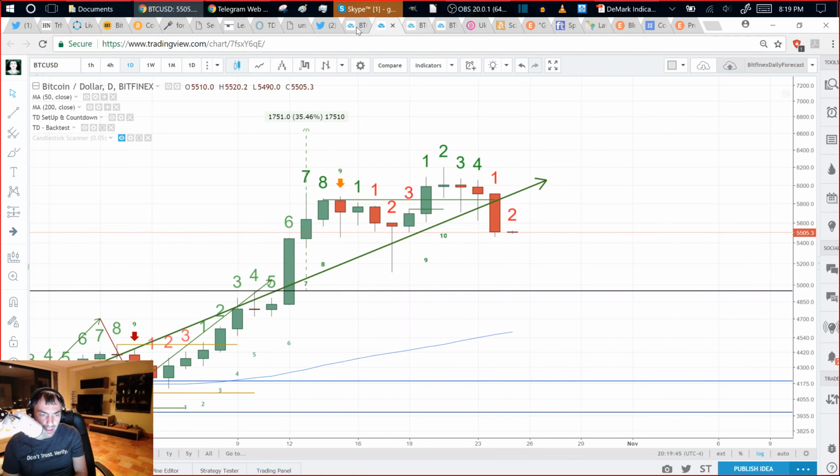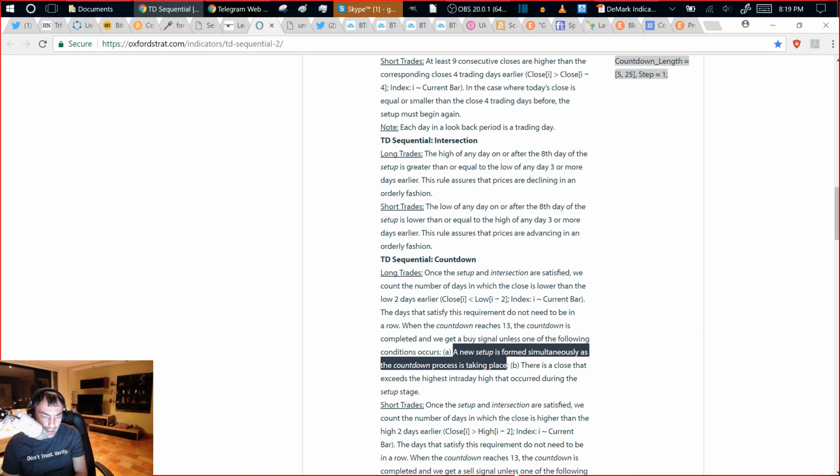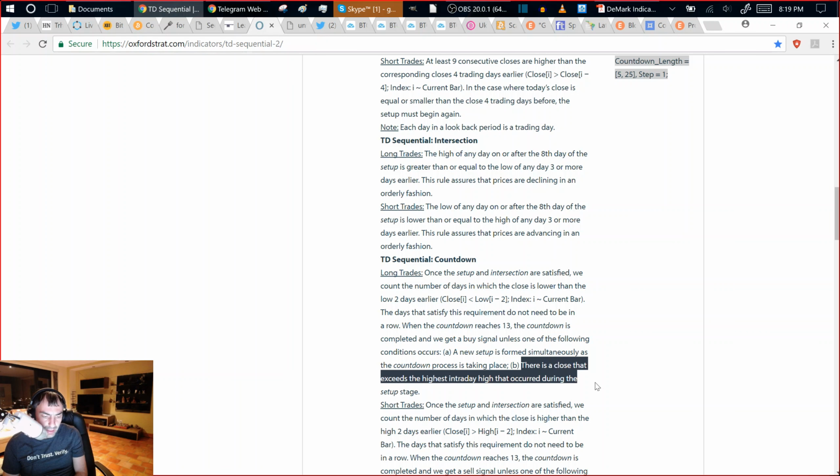Another condition that I don't yet have programmed in the code, but I need to, is this condition. If there is a close that exceeds the intraday high or low, right?